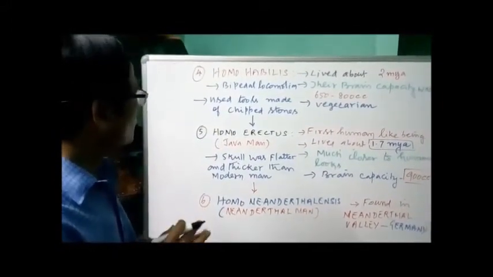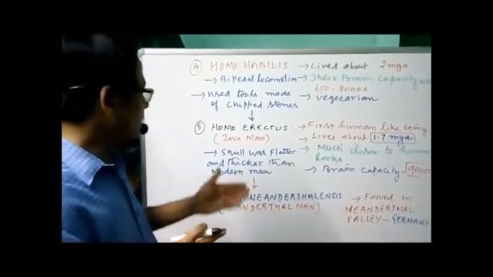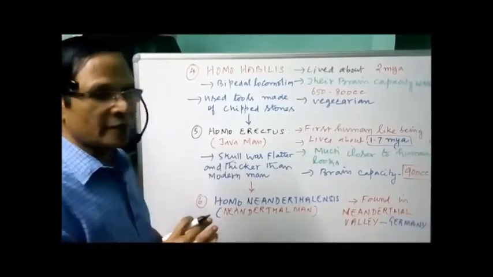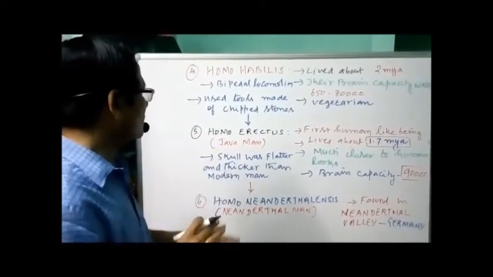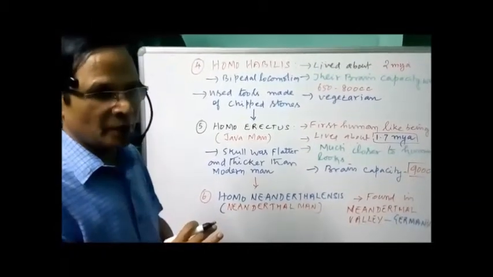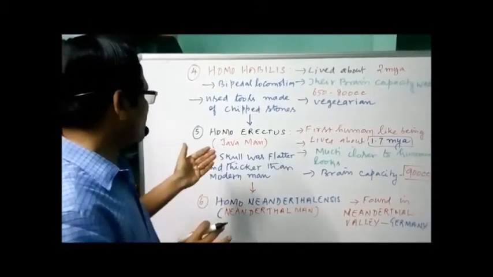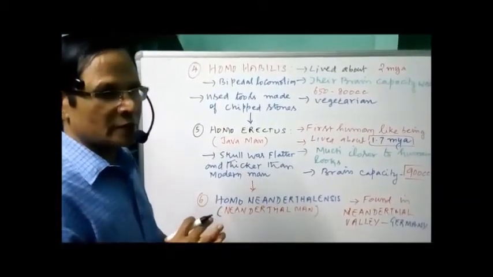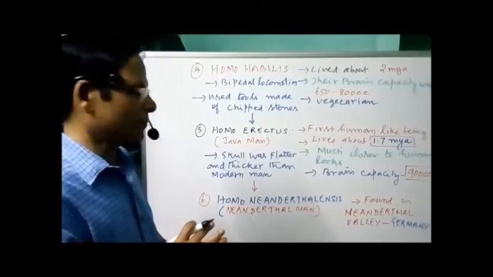Now the next one, Homo erectus. The fossil was found in Java Island, hence it is aptly called Homo erectus. Now we have different types of Homo erectus, for example Homo ergaster, another human fossil, the prehistoric man.